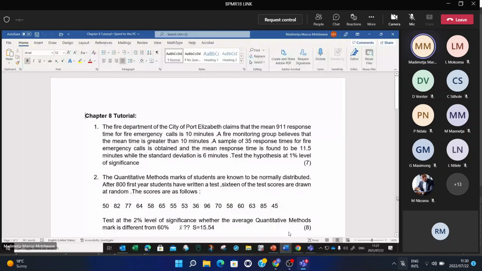Then it is a one-sided test, so it's Z 1 minus alpha. And that's equal to Z 1 minus 0.01, which is equal to Z 0.99. And 0.99 from the tables should give us 2.32, or one can say 2.326, or one can say 2.33. You got this?